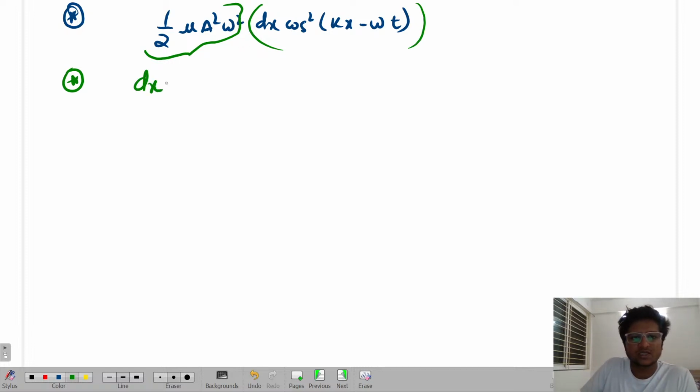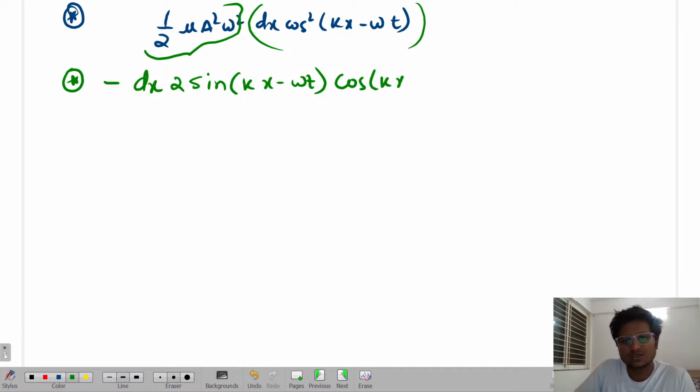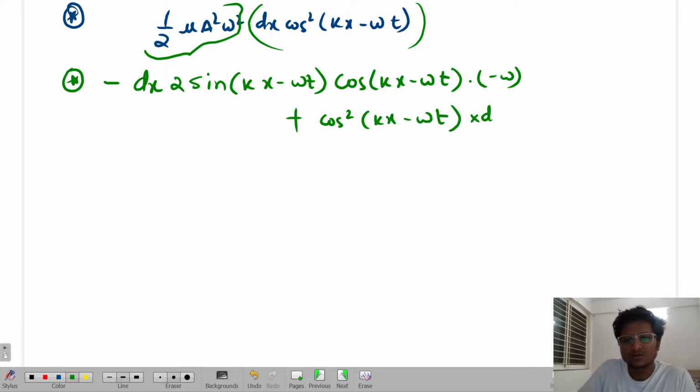So what will I get? dx outside, dt of cos square (kx minus omega t): that is 2 cos, differentiation is sine (kx minus omega t), and that should be minus because cos differentiation is minus sine, into cos (kx minus omega t), into another factor which will come as minus omega, plus cos square (kx minus omega t) into dt into dx by dt, right?